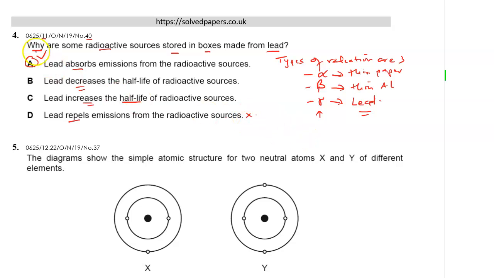Likewise, that is not correct. So lead absorbs, does not repel, the emission from the radioactive source such that they don't penetrate the box, and that means people in the room where the box is are safe from this radiation. These radiations are ionizing, and therefore they can easily harm you if you get exposed unnecessarily for too long to the radioactive sources.